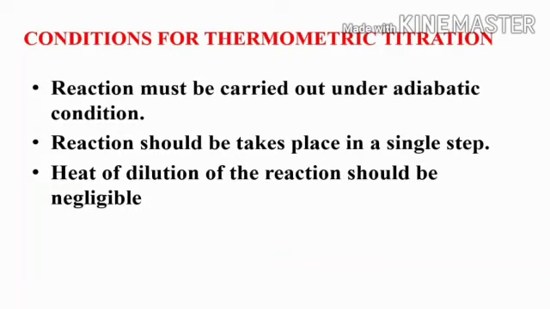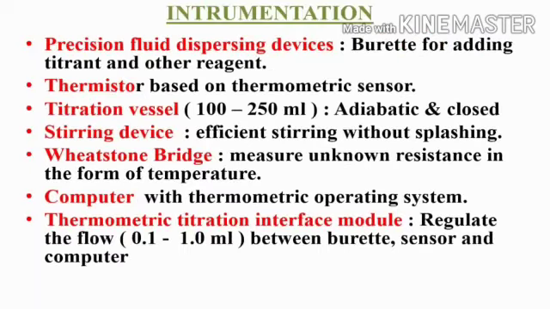Here we use a Dewar flask where the analyte is taken and the titrant is added from a thermostated burette. Reaction should take place only in a single step. Heat of dilution of the reaction should be negligible. Let us go to the next one.